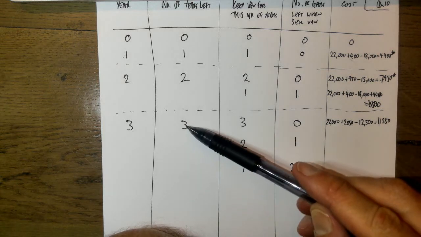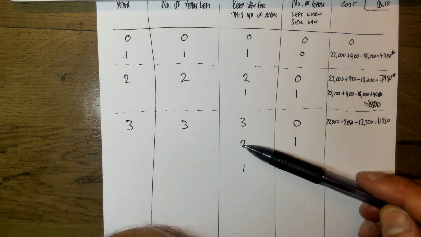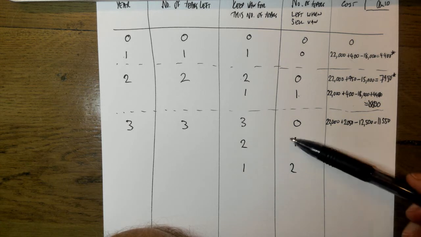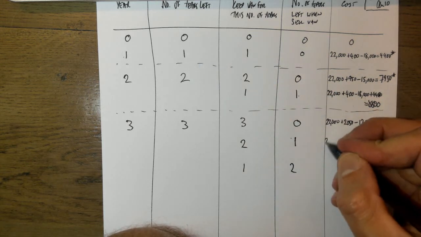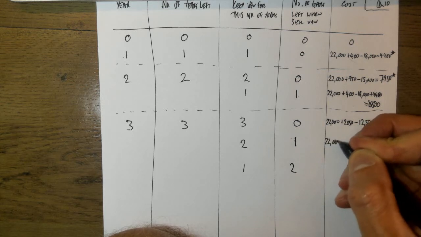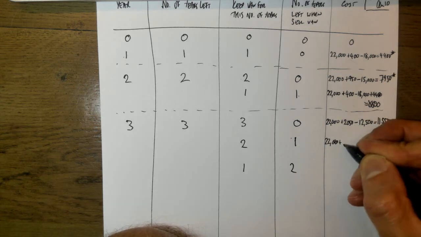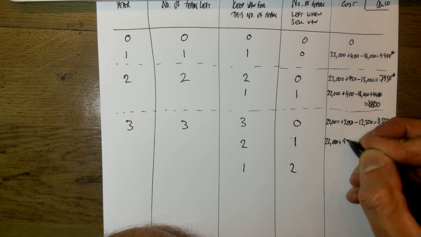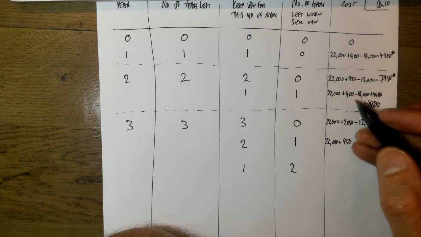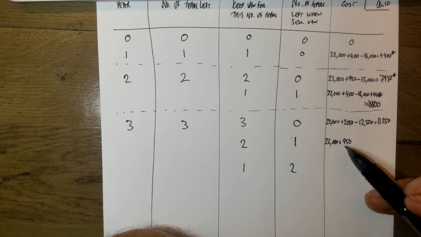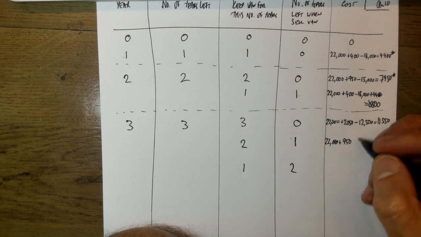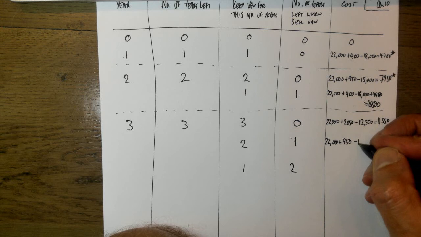If he buys it with 3 years remaining, keeps it for 2 years, and then sells it with 1 year left, he's bought it for 22,000. He's maintained it. That's 950. Once you get to this stage, you can kind of look up here. So 2 years maintenance is 950. Okay. The selling price is 15,000 after 2 years.